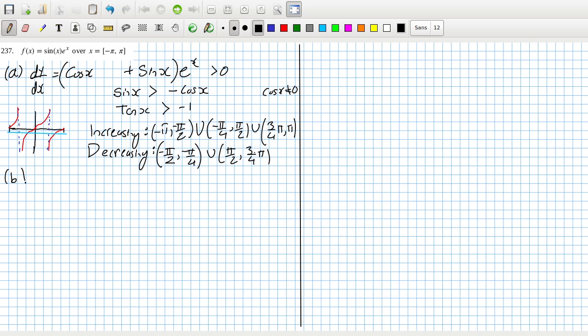Okay, B. Max and min is when this is equal to 0, so that would be at minus pi/4 and at 3 pi/4. Could I roughly sketch this to figure out which is which? Sine 0 is 0, so I guess it's going to go kind of like this. So I'm guessing this one is the minimum and this one is a maximum, without having to do more work than I need to.